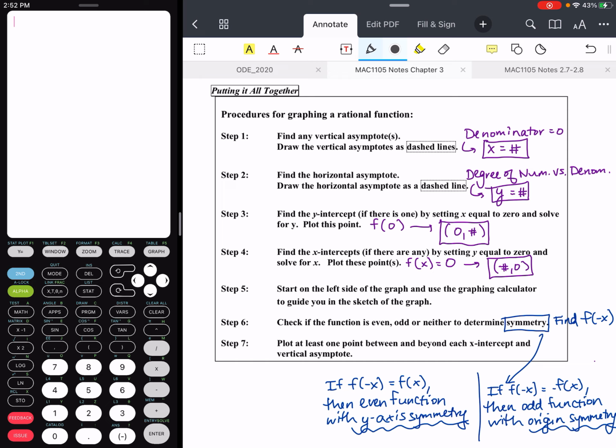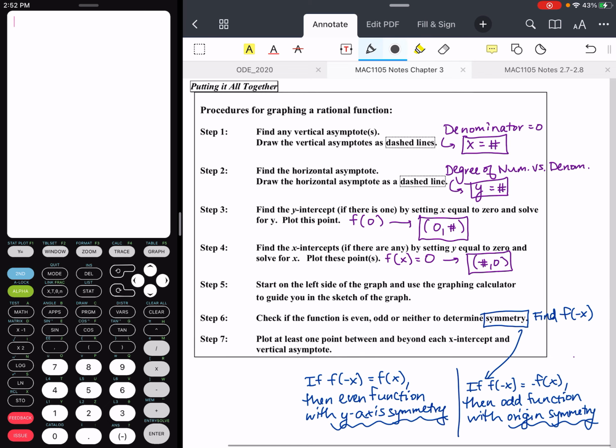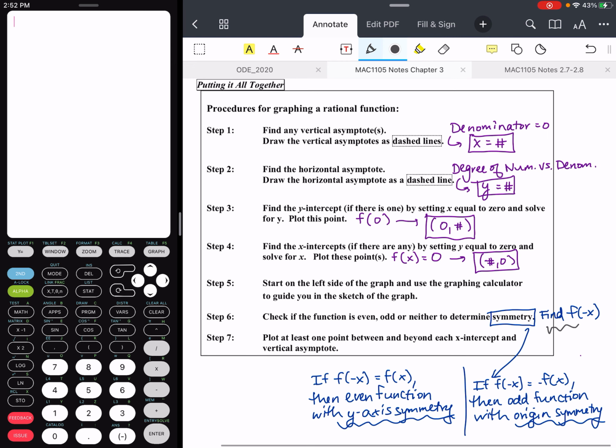So remember, we've done this in previous sections. This is where you first find f of negative x, and then you compare that f of negative x to your original function. So if f of negative x is equal to your original function f of x, you have an even function, which means you have y-axis symmetry.